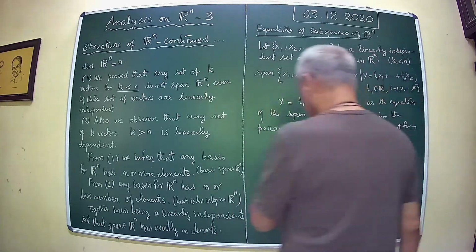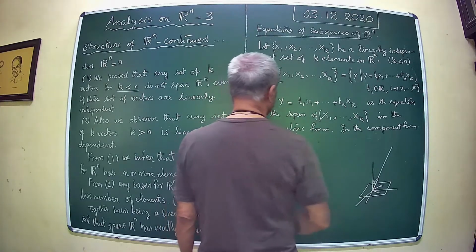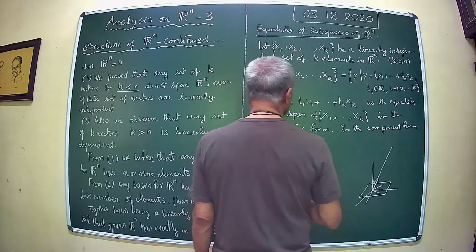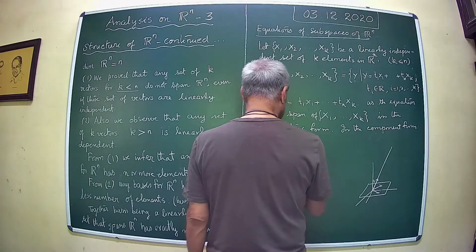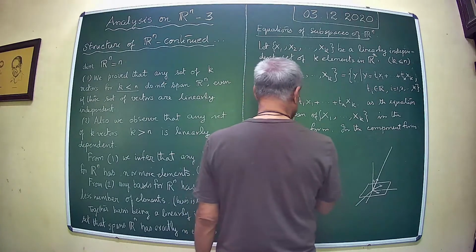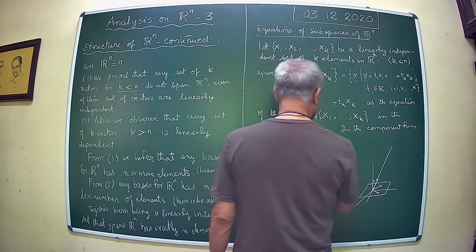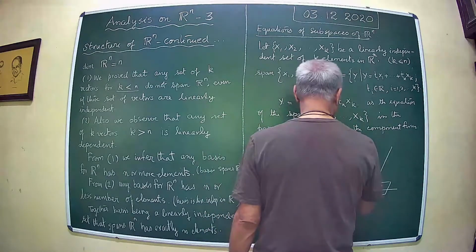So y1 equal to t1 x11 plus ... plus tk xk1.